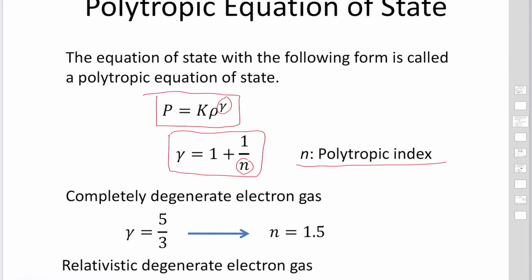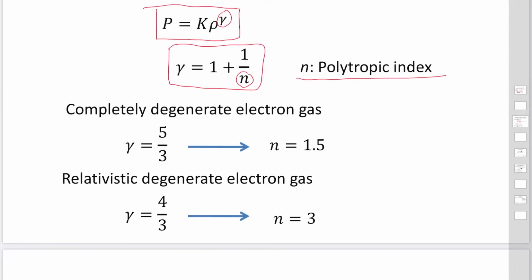Sometimes you might think that this is just an artificial equation, that we don't have such an equation in real physics, but that's not true. When we study the completely degenerate electron gas, the pressure is expressed as a function of the density alone.